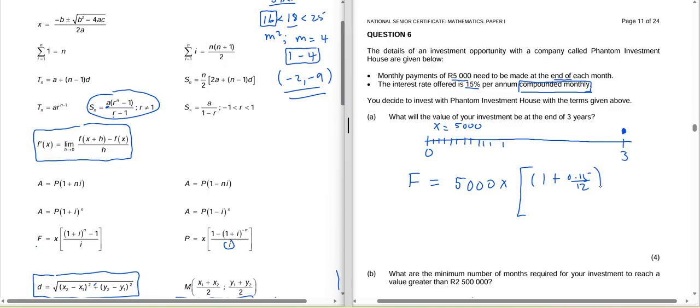When you divide by 12, you are going to raise by 12 as well, and then times n, where n is the number of years. For the number of years, you put a 3 there.